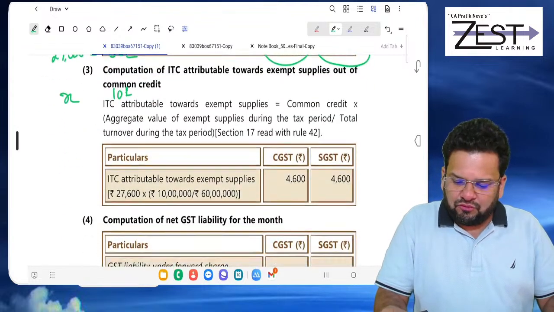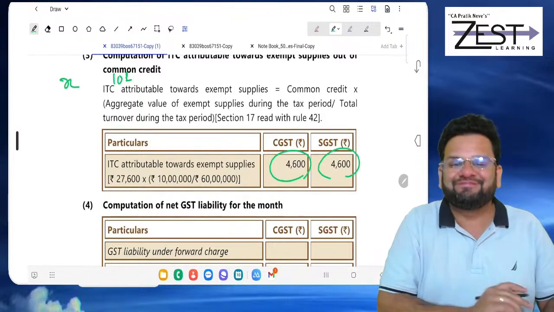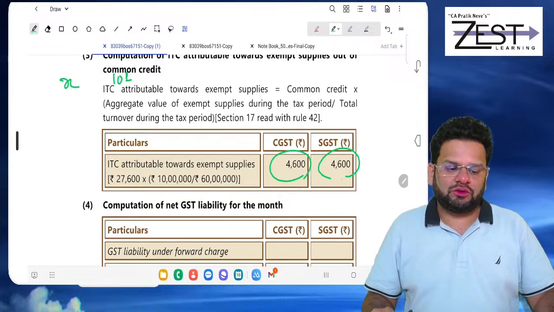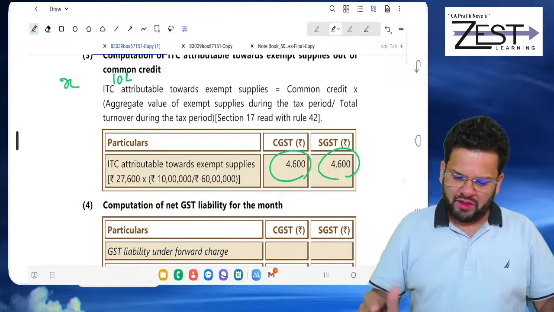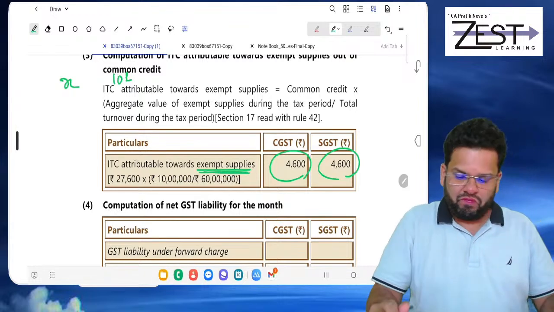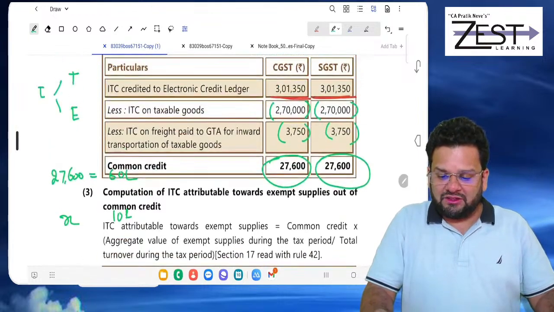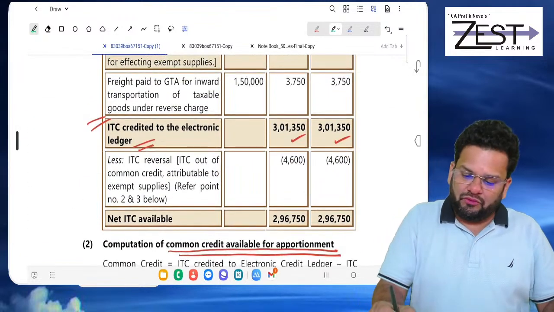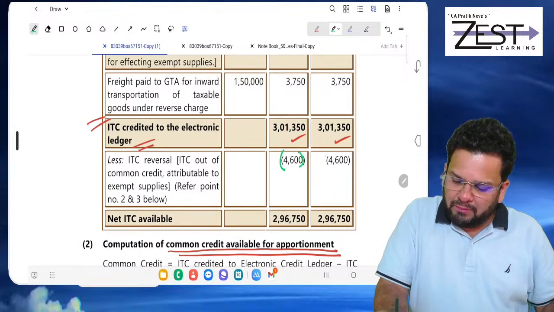Are you getting 4,600? Check whether you are getting 4,600 as ITC attributable towards exempt supplies. Yes. So if that is towards exempt supplies, you will not allow that, or you will minus it.